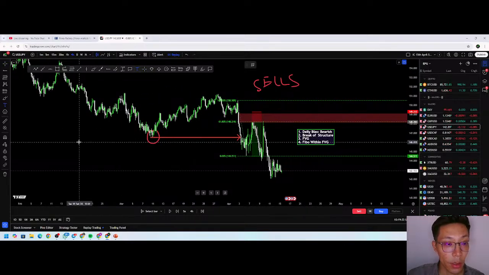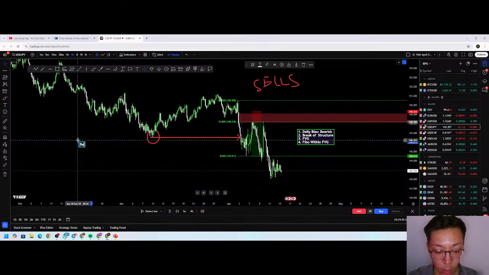My suggestion is to use this strategy on AUD USD, right? You might be surprised, but AUD USD works very well.